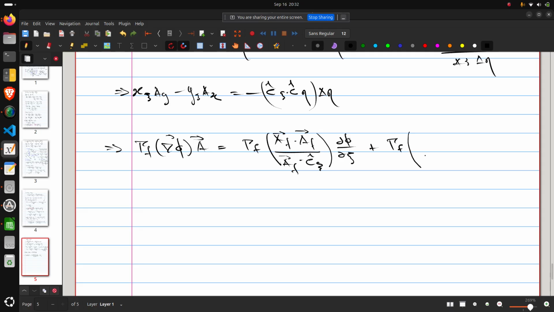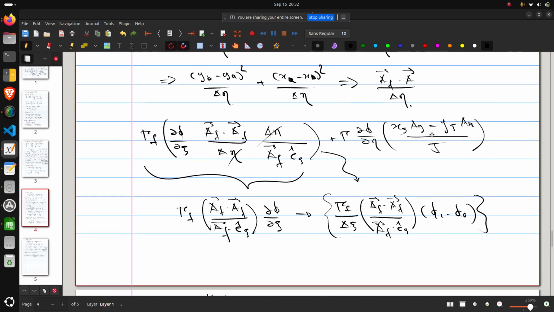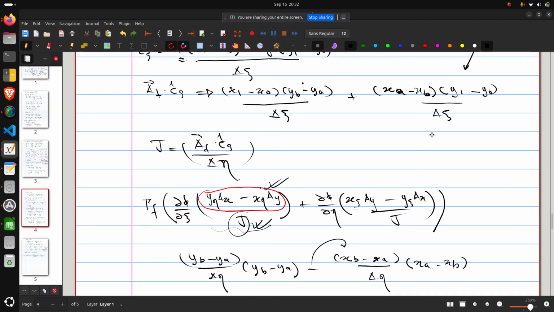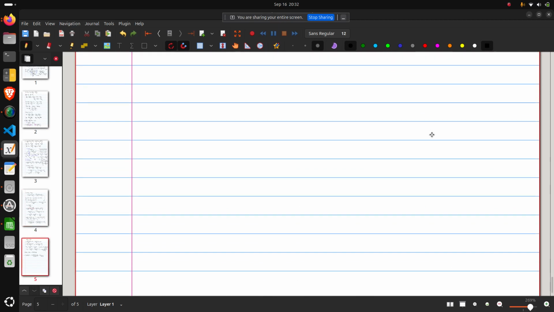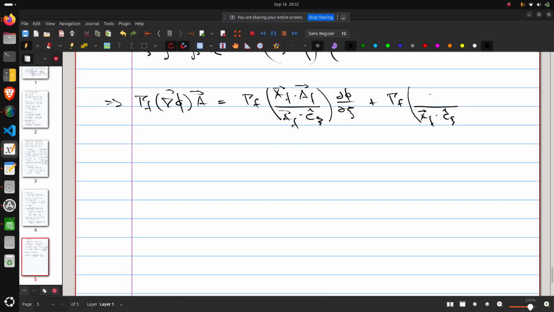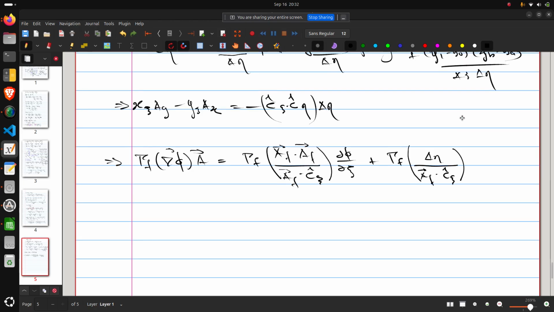What was the Jacobian? Jacobian was Af times E cap psi times, what was the Jacobian again? Let me check. Delta eta, and at the top what do we have?